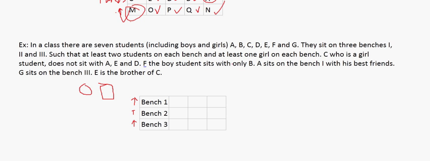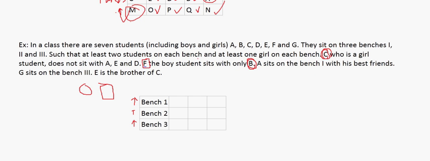Let's put a circle, use the question itself. So put a circle around B and a square around F. C is also a girl, put a circle around it, so that when you are placing it, it becomes easy for you.